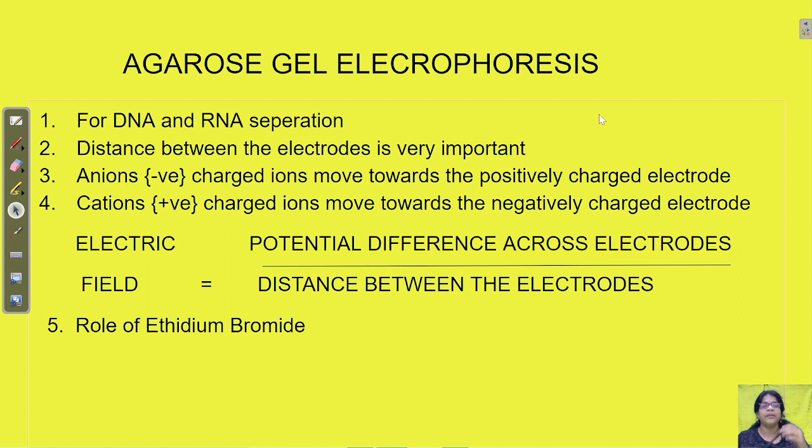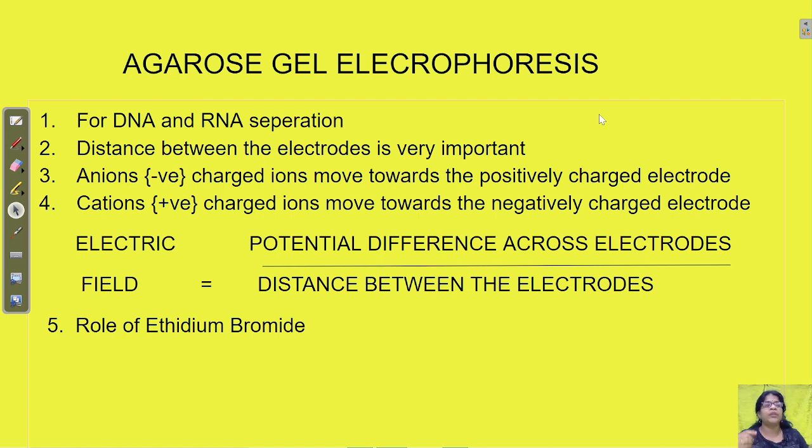If you want a comparison, you have to add the DNA standard ladder as a marker at the first well. Then all the three samples which are to be separated have to be added to the remaining wells. Once the current is passed, slowly all the bands will move, and once the whole bands have moved down, you can switch it off.